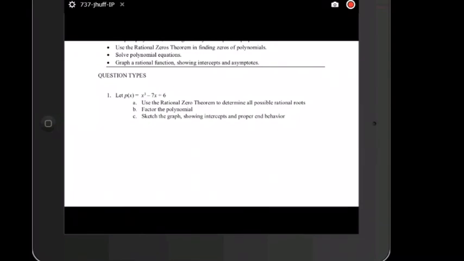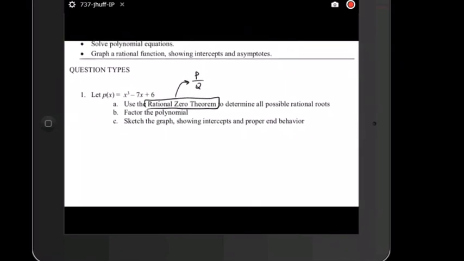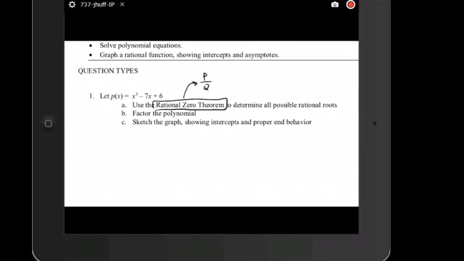So question 1 is from 3.4 or 3.5, one of those two. Rational zero theorem. Here is the P divided by Q. That's the rational zeros theorem. Where remember, factors of P come from that constant at the end, and Q is the leading coefficient, which is 1.